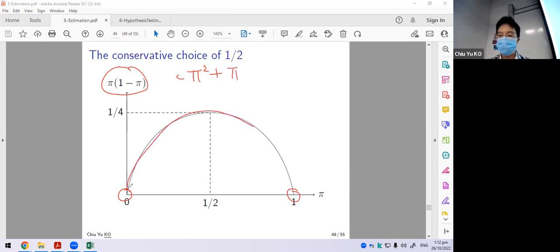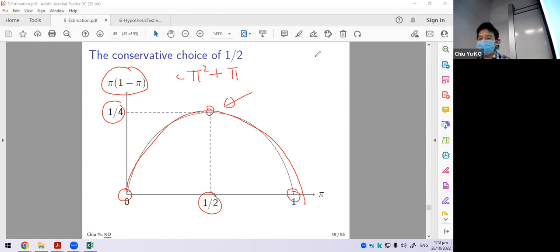The maximum is achieved when pi is 1/2, where this is 1/4. So we don't know where pi is, so we can use the most conservative case. And this will tell us the best thing we want to do.